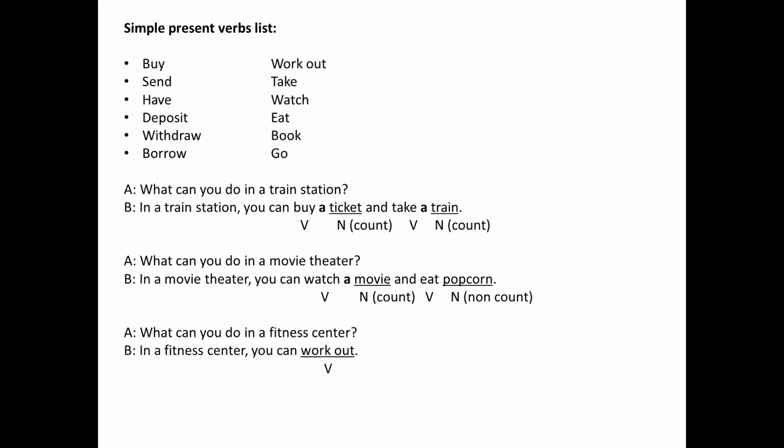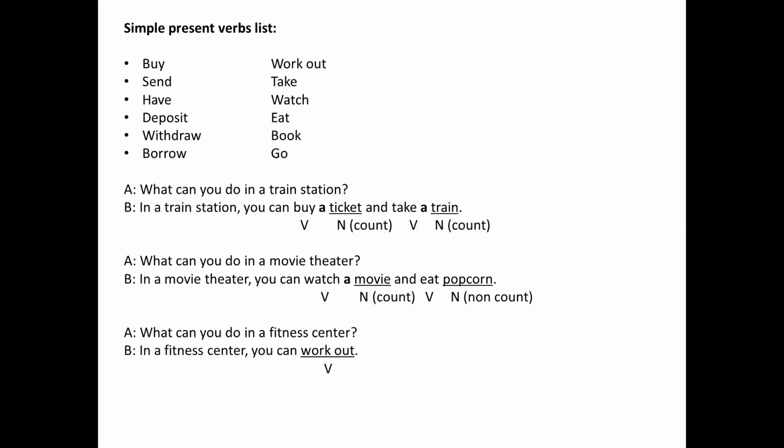So deposit means put money into a bank. Withdraw is the opposite. It means take out money from a bank. Borrow, work out. Work out means to exercise, to exercise.